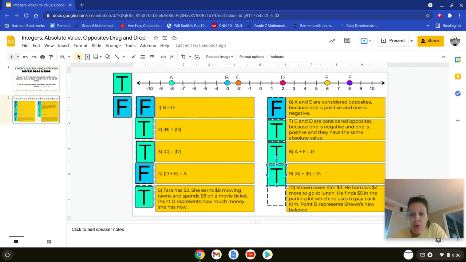He borrows $4 more to go to lunch, so he's -7. Sean finds $5 in the parking lot. So he was at -7, and then he finds $5: 1, 2, 3, 4, 5. So that would be false. Sean doesn't owe $3 now. He just owes 2. So that is a false statement.